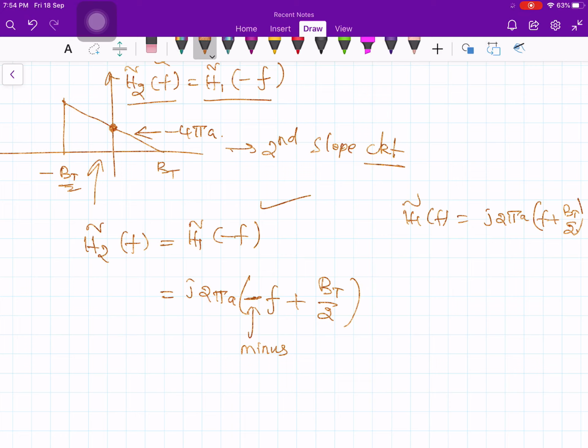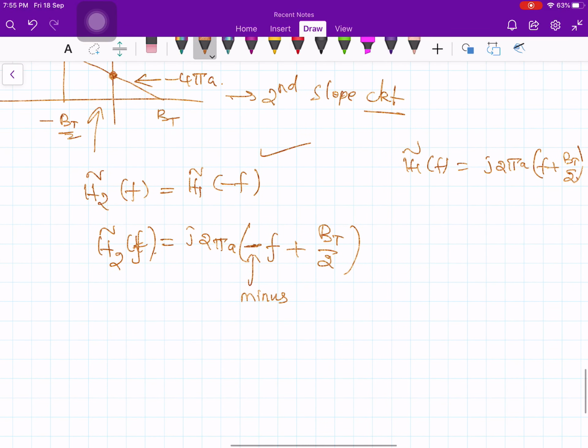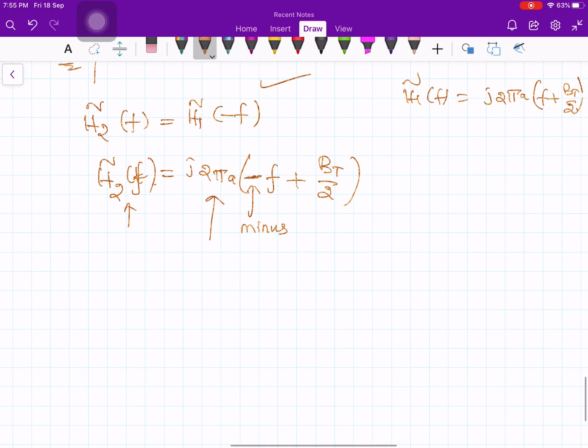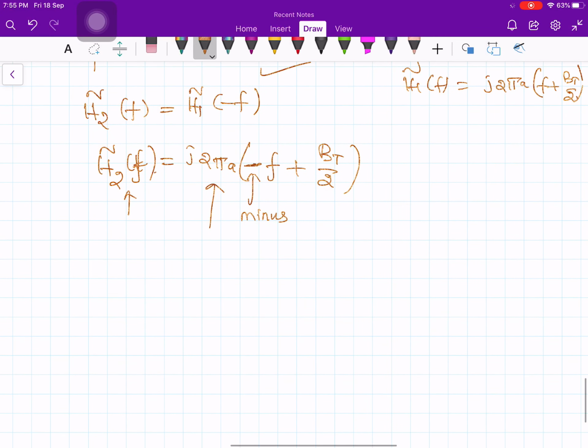This is H2 tilde of f. So you see the actual filter is a bandpass filter, and this one is a complex envelope representation of that. Therefore this is a lowpass representation at low frequency.